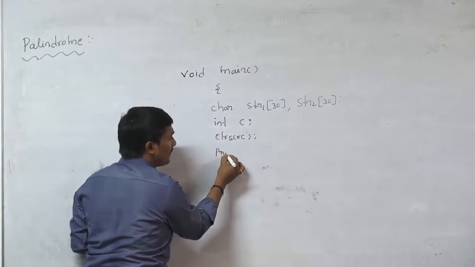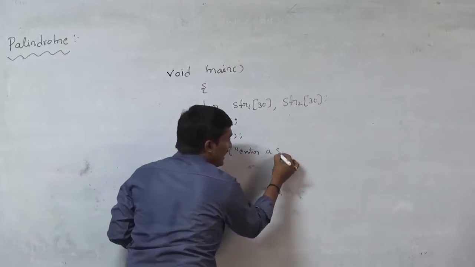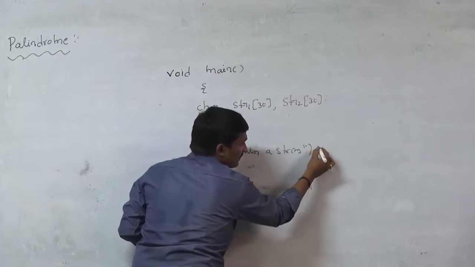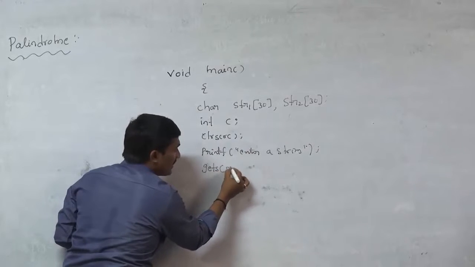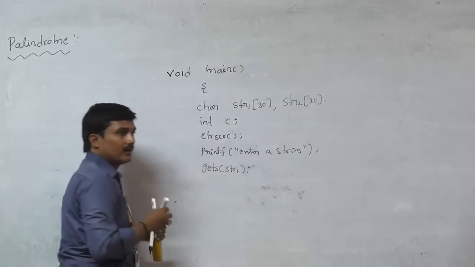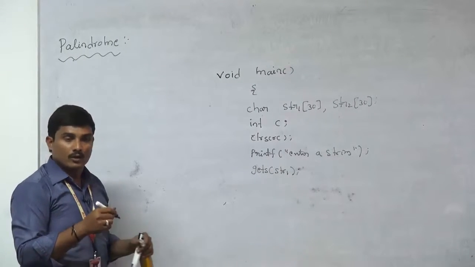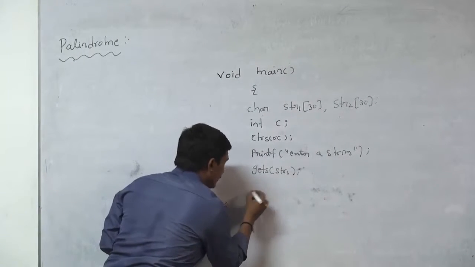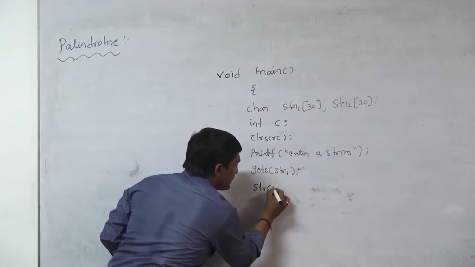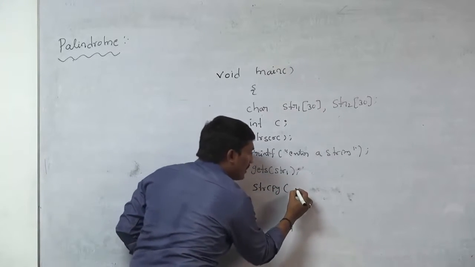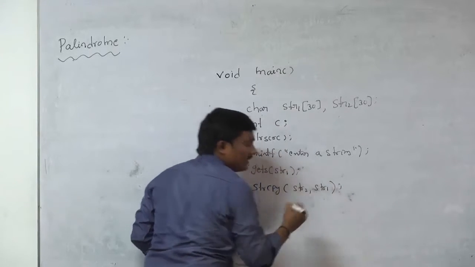First, what do we have to perform? printf, what will we write? Enter a string. Then reading means which function? gets of str1. Afterwards, as per the logic, what is step 1? Copying. So what is the function? strcpy of str2 comma str1.